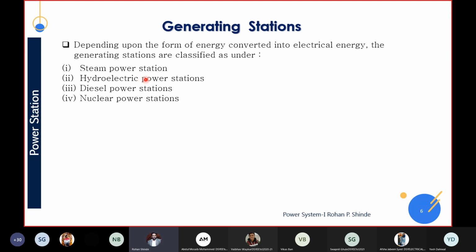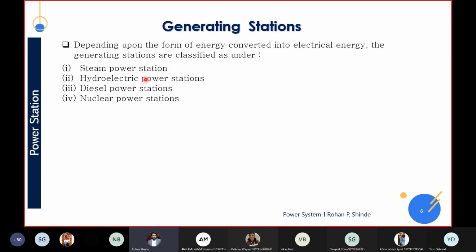Similarly, in hydroelectric power plants, a dam is there, and in that dam high pressure water is moved towards a water turbine. High pressure is nothing but one form of energy.